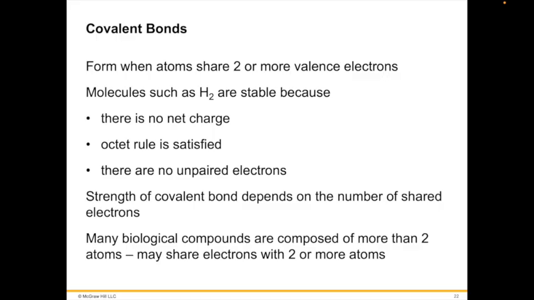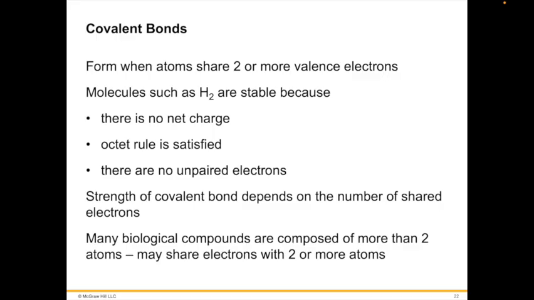The strength of a covalent bond depends on the number of shared electrons. Thus, double bonds, which satisfy the octet rule by allowing two atoms to share two pairs of electrons, are stronger than single bonds, in which only one electron pair is shared. In practical terms, more energy is required to break a double bond than to break a single bond.